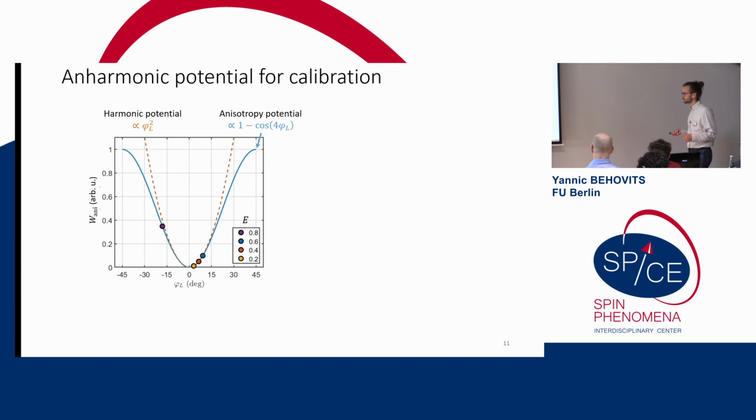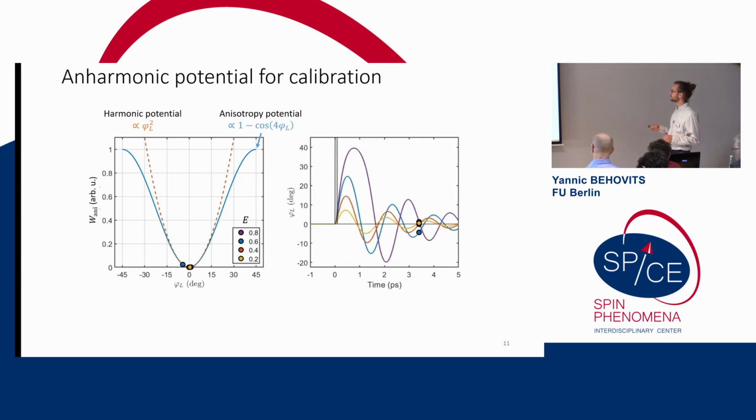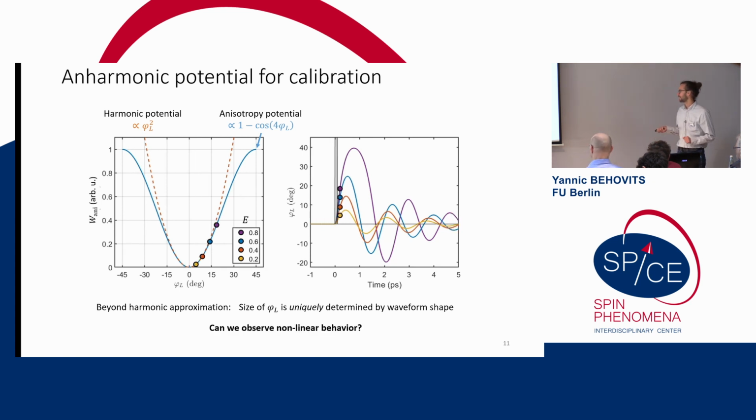You can also plot this over time. So here's now the angle over time, and you can see these waveforms look strongly different, and the shape of the waveform is directly related to the strength of the excitation. And that, even without some prefactors, gives us a way to calibrate our amplitudes here.